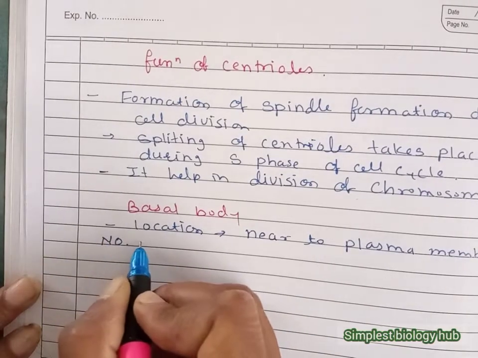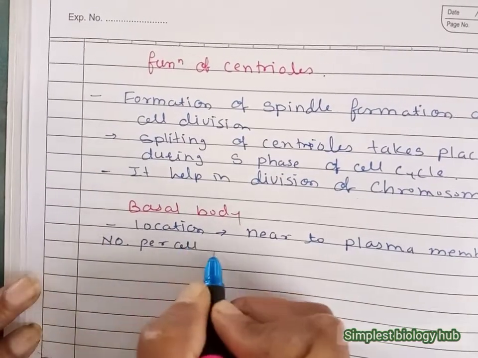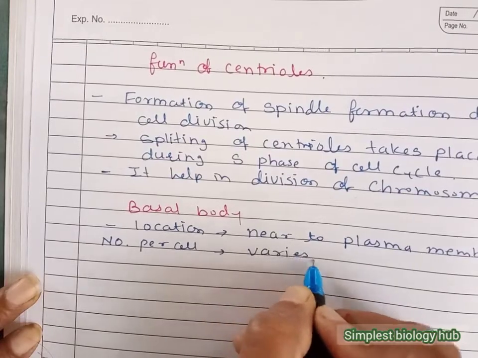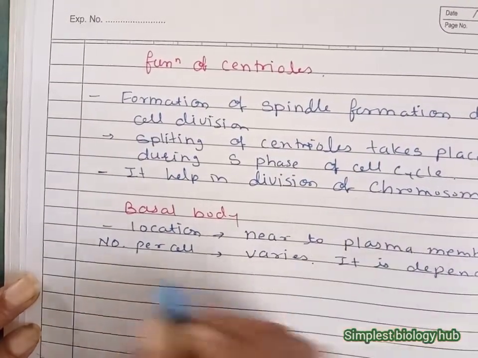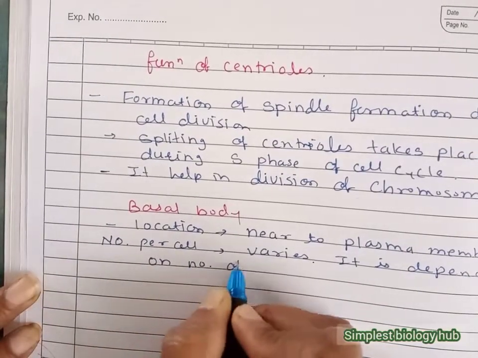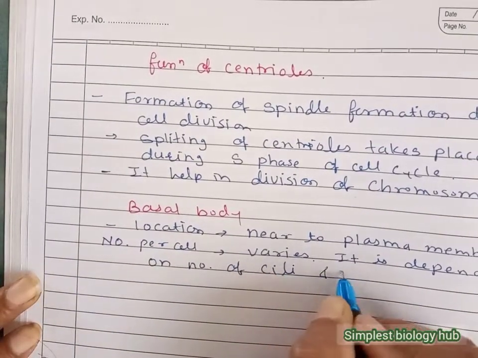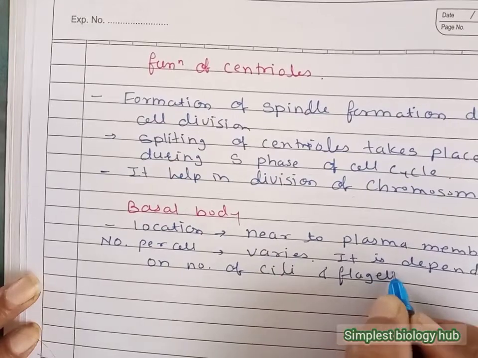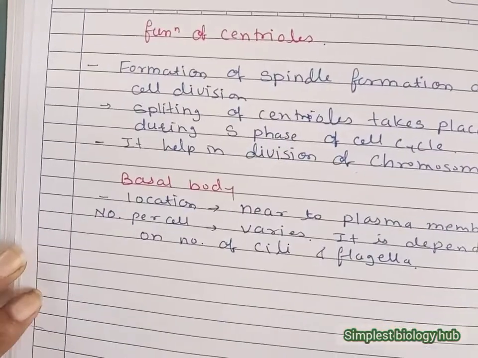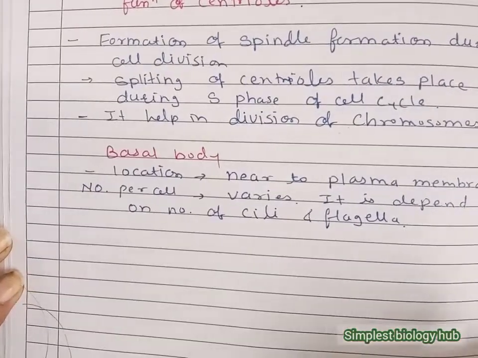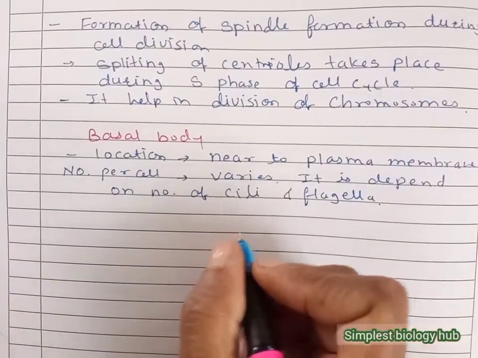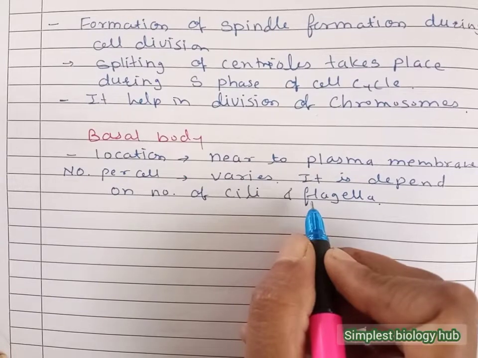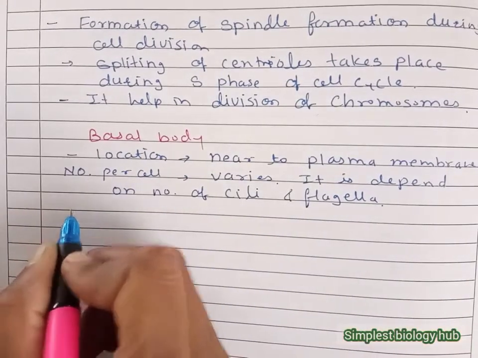Number of basal body per cell varies, and it depends on the number of cilia and flagella present in it, because it is the base part of the cilia and flagella. Cilia and flagella originate from the basal body. So how many cilia and flagella are present in the cell, the basal body number depends on that.